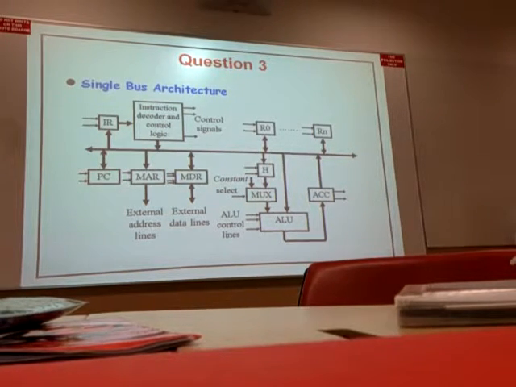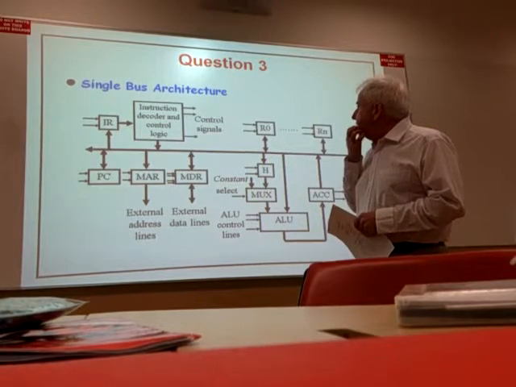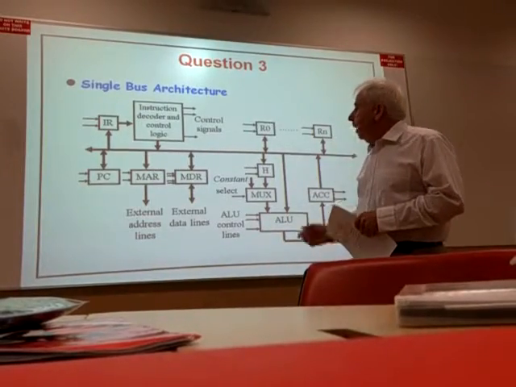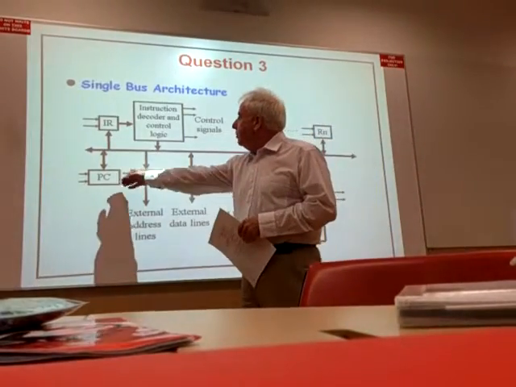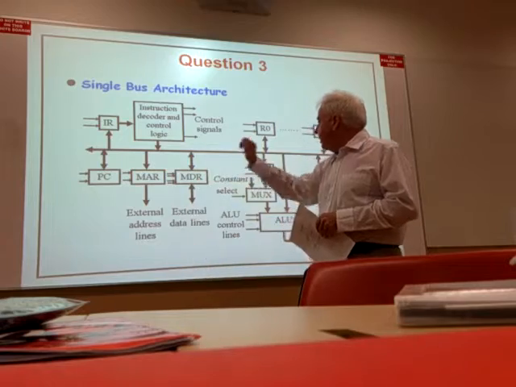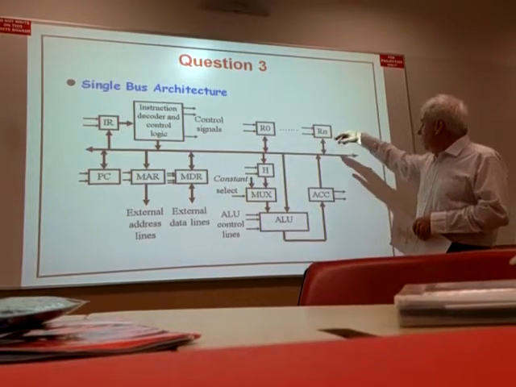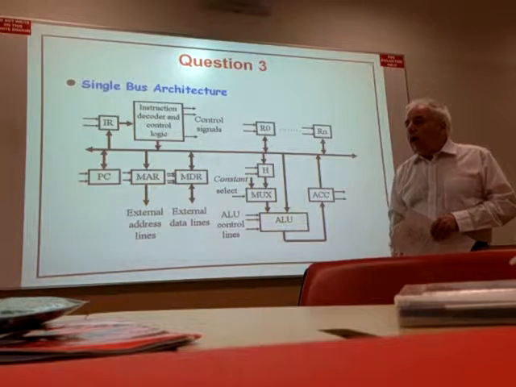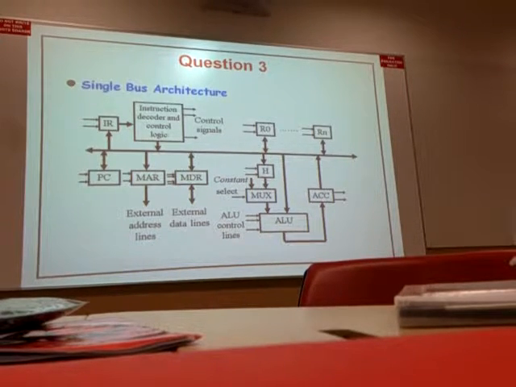Here we're given a single bus architecture, and we have various registers: the program counter, the instruction register, the memory address register, the memory data register, and an ALU. After that you will understand what it means, so don't worry.